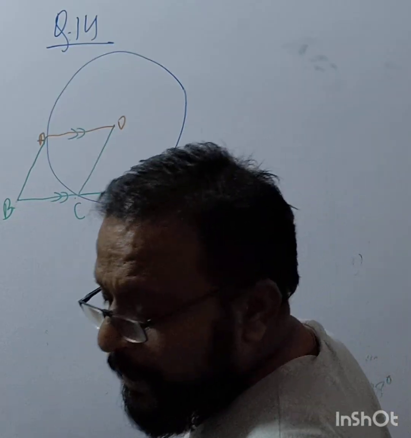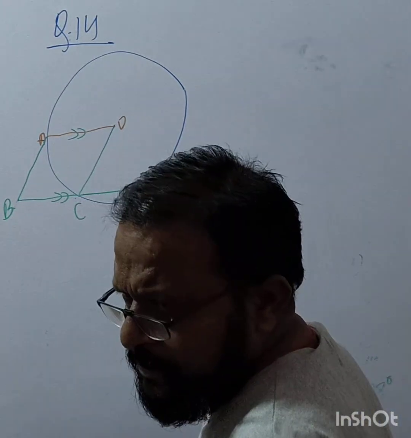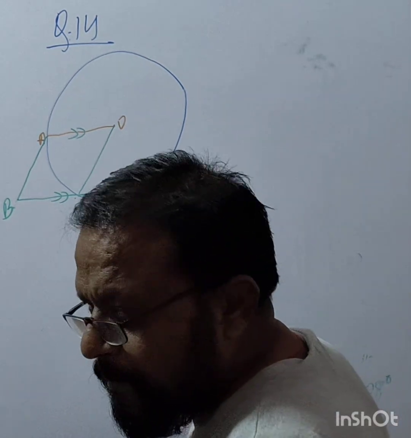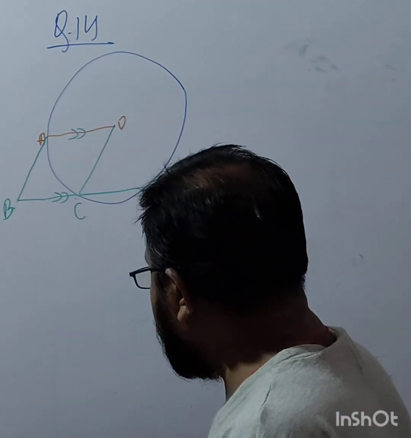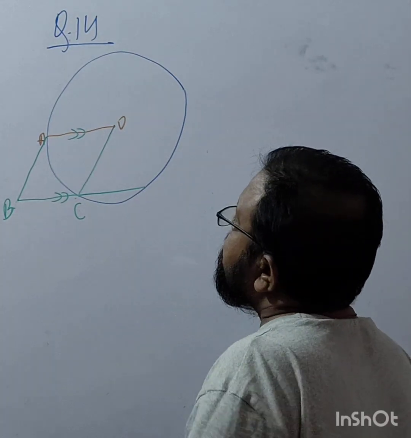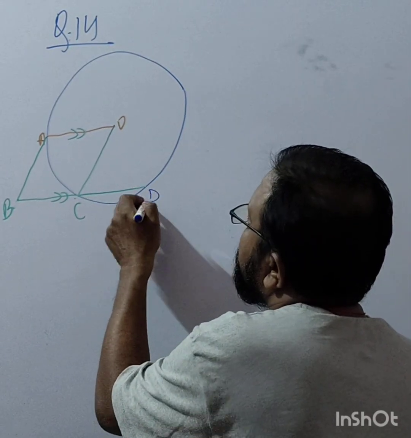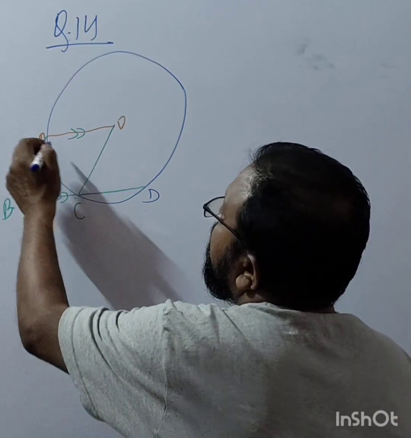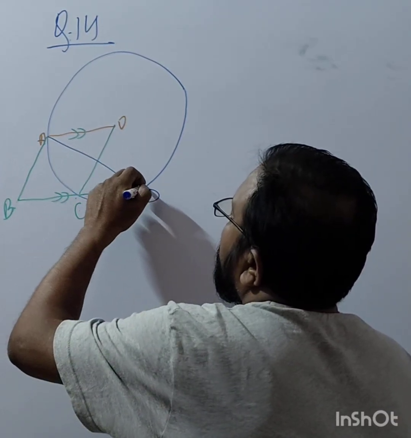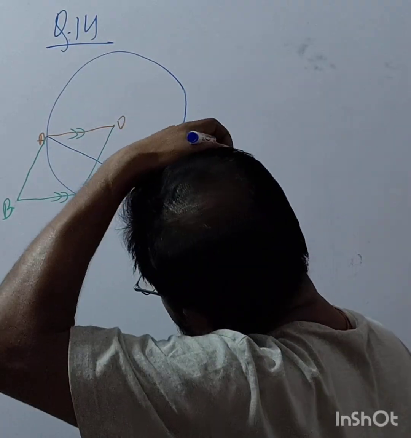Right? And what else is there? AD. CD. BCD. B, C, this is D. Yes. And there is a line AD. This is AD. Okay, fine.